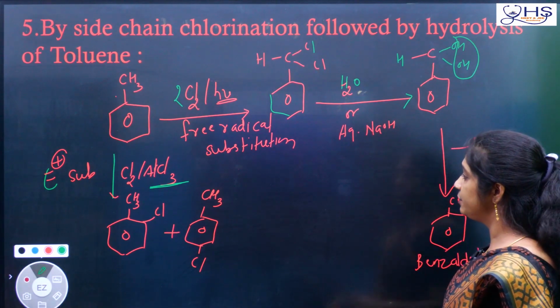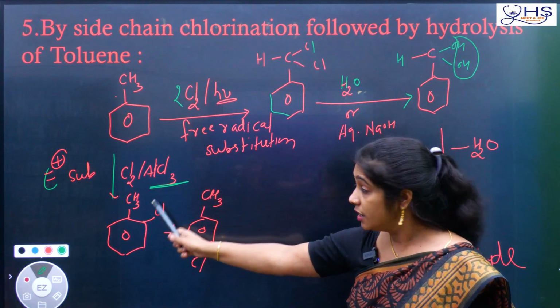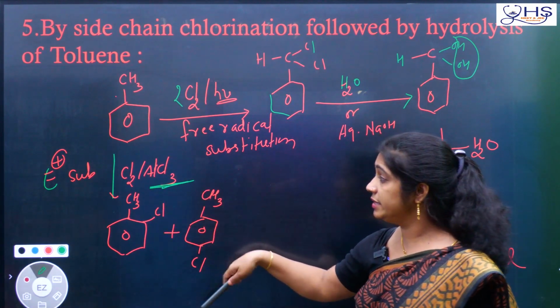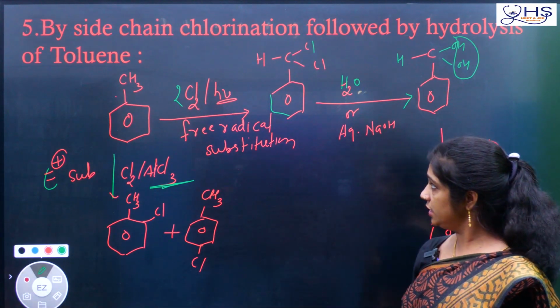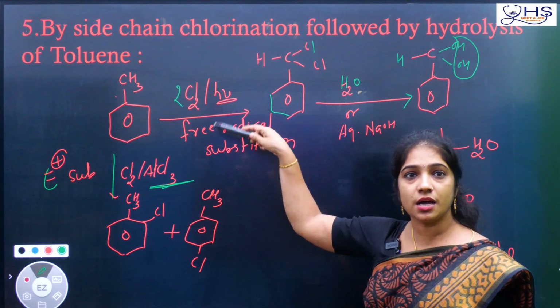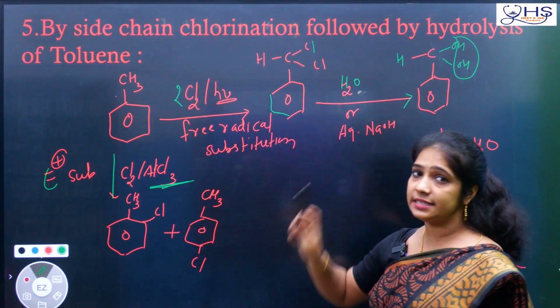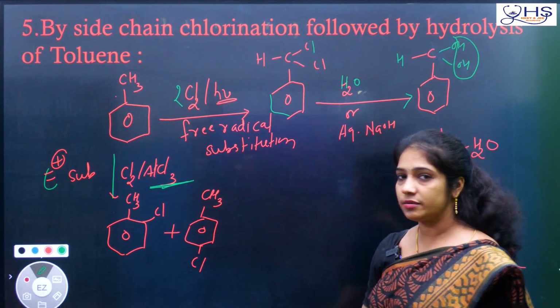This is also very, very important. Remember the difference. If you are seeing in the arrow mark chlorine in AlCl3, it means electrophilic substitution. You will get orthochlorotoluene. But if you are seeing h nu, which means sunlight, then you have to do side chain chlorination, or it is what? Which mechanism? Free radical substitution.